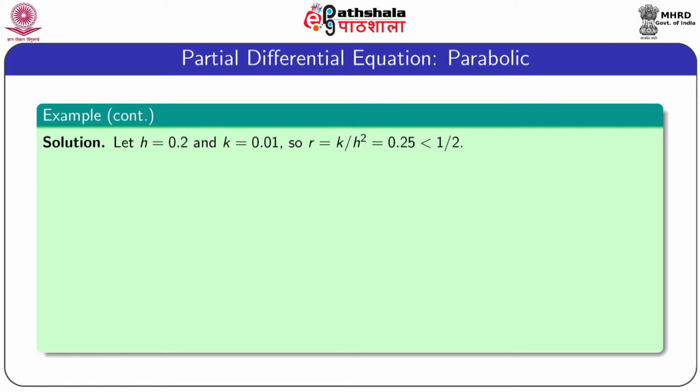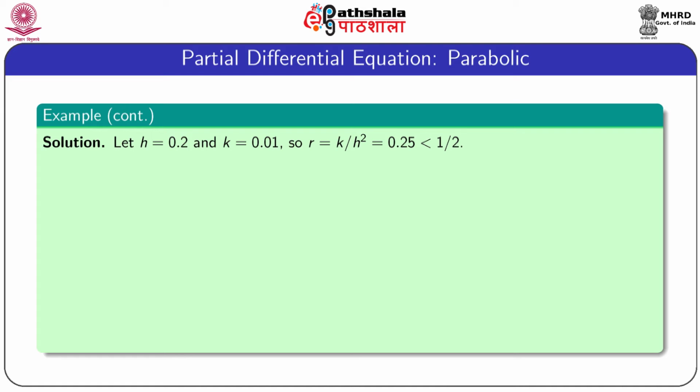To solve this equation, we assume that h equal to 0.2 and k equal to 0.01. Therefore, the value of the parameter r equal to k by h square, and in this case alpha is 1, so r equal to 0.25, which is strictly less than half.